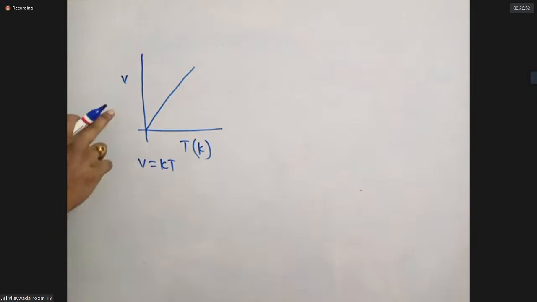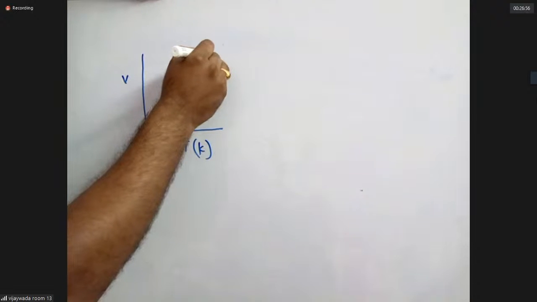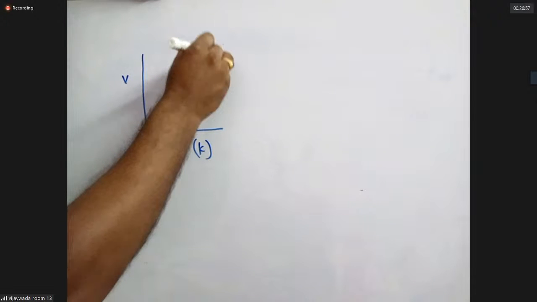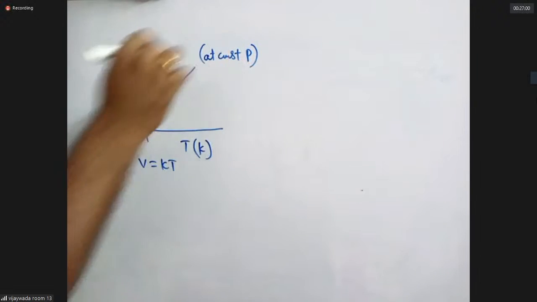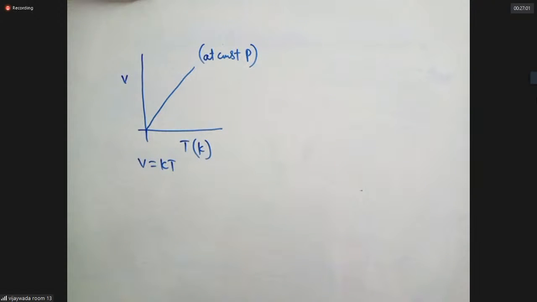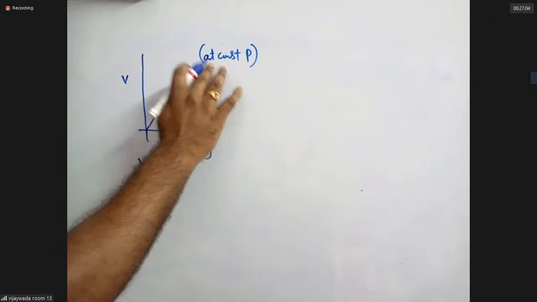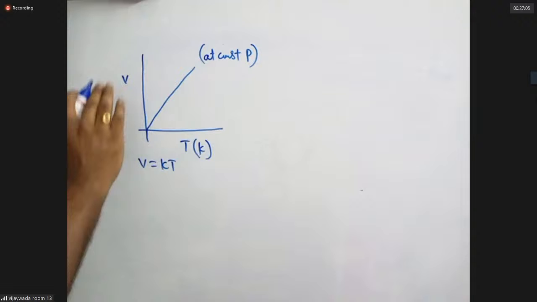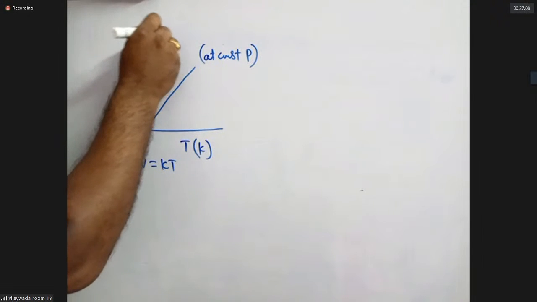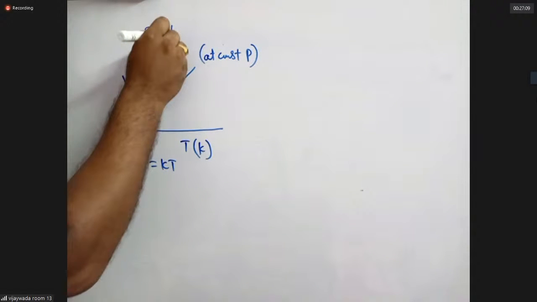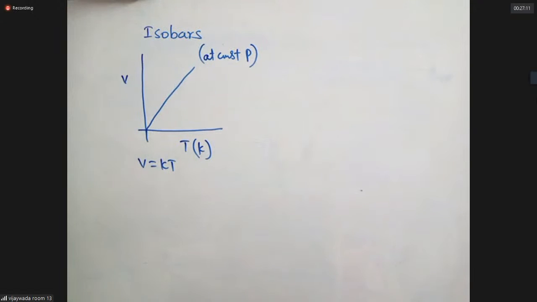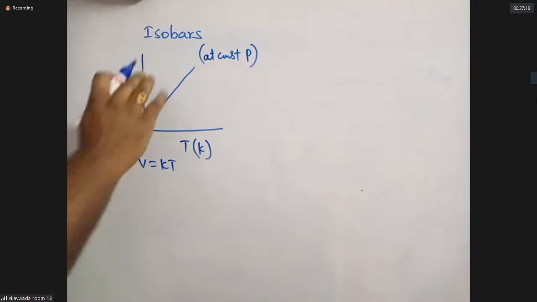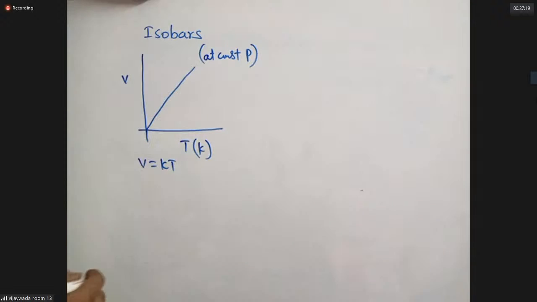Okay, so this is the graph for volume and temperature. It is at constant pressure. At constant pressure, the obtained graphs are called isobars. Isotherms are for constant temperature, isobars for constant pressure.